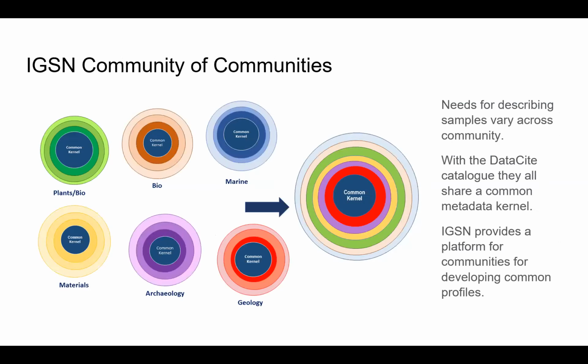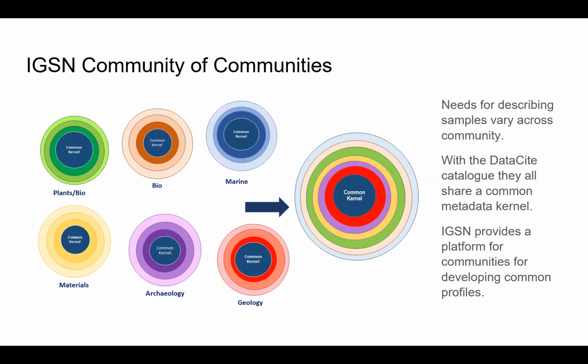Next slide, please. So what we have seen in this work over the years, and others in the room will have made the same experience, is that the need for describing samples varies across the community. There's no one size fits all. But what we have now with this transition, moving the technical services to DataCite, is that we have the DataCite catalog as a common denominator with a shared common metadata kernel.